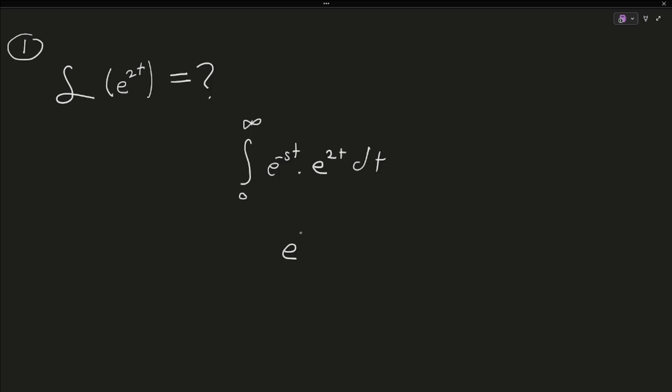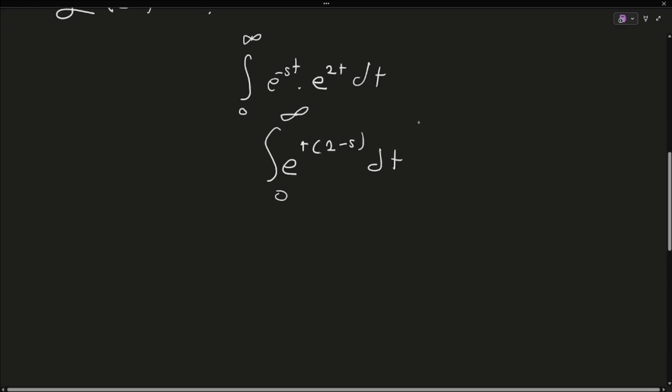So we will have e to the t, and we're going to add these exponents together, basically. So we're going to have 2 minus s and dt, and the integral from 0 to infinity. Well, if you want to see, if you can distribute this, we will have 2t minus st, and that is the correct multiplication.